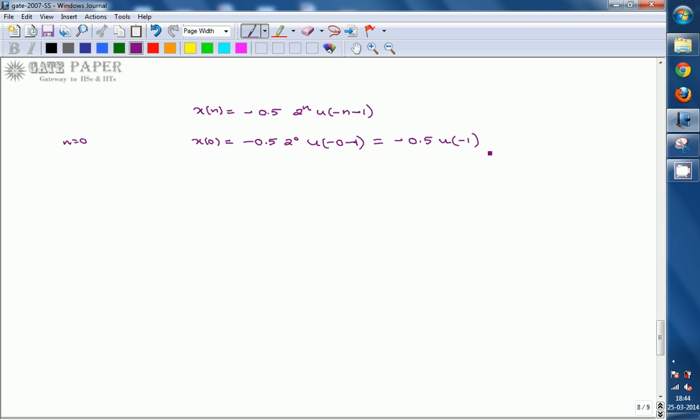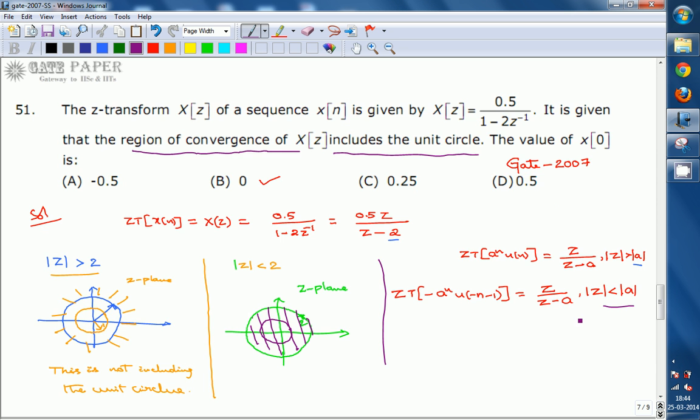We know that the u(-1) value is 0, so the value becomes 0. Finally, x(0) is equal to 0. That is the required answer: small x(0) value is 0.